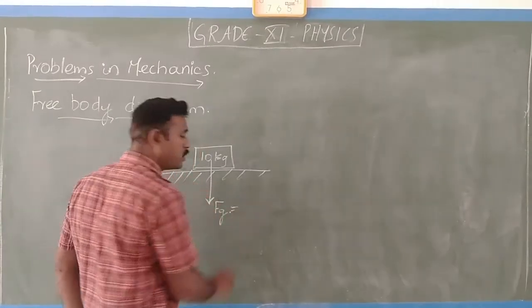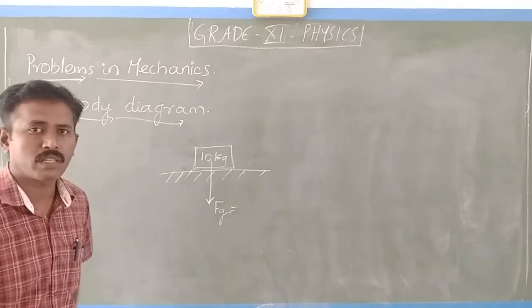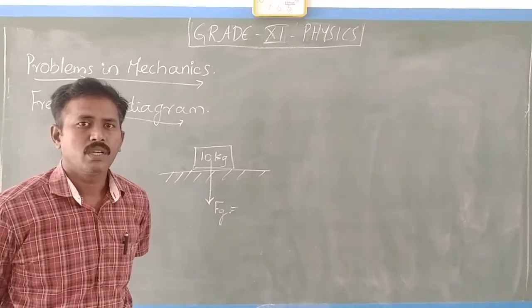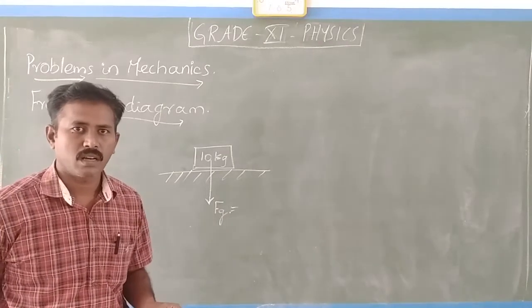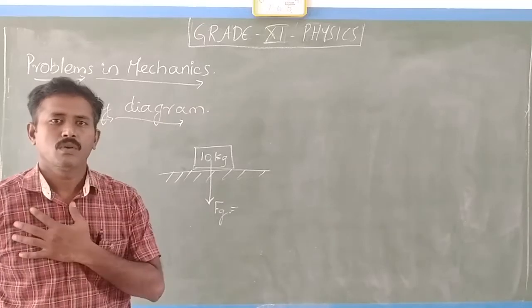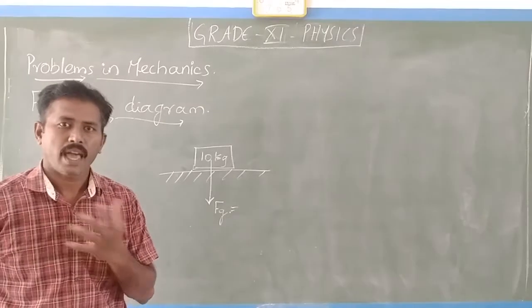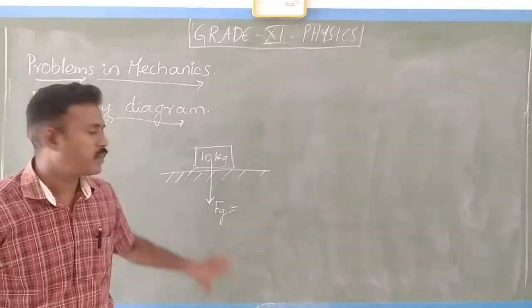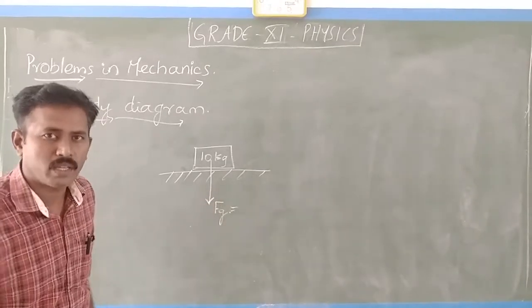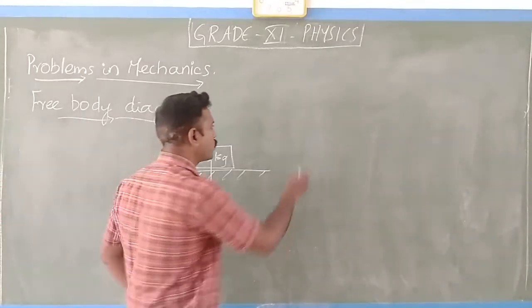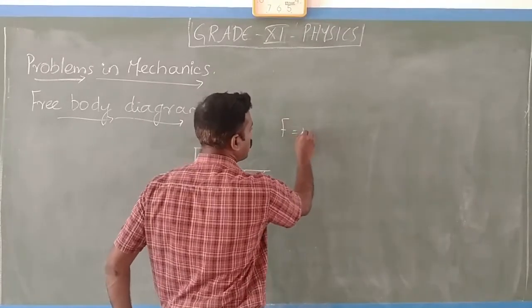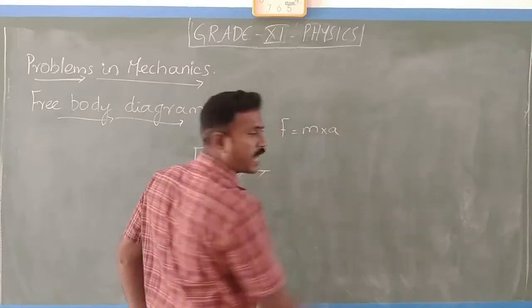How do we, by Newton's second law? Here we will be using Newton's second law and third law. Newton's second law is used when a mass is given and the acceleration is known; we can find the force, because by Newton's second law, force equals mass times acceleration.